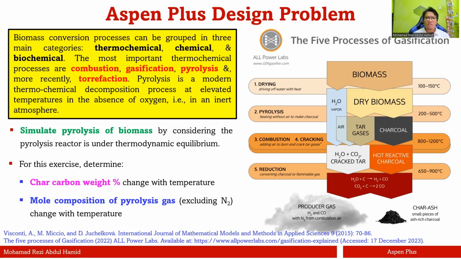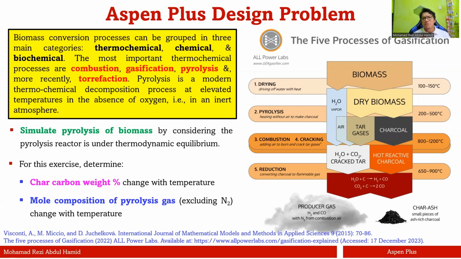It can be processed via three main categories. The first one is going to be thermochemical, where you need to apply heat, thermal energy, either via combustion, or maybe incineration, or maybe pyrolysis, torrefaction, gasification, and stuff like that.